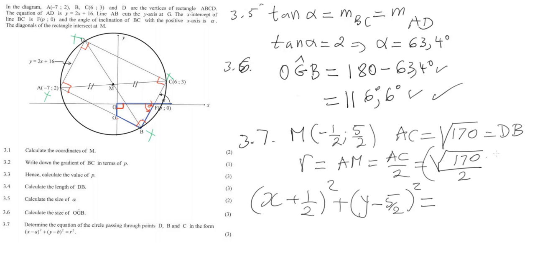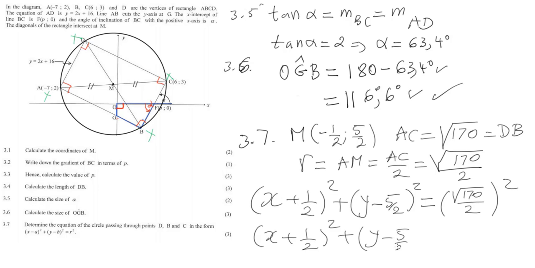It is the square root of this, all squared. Let me write it because some of you get lost: x plus 1 over 2 all squared, plus y minus 5 over 2 all squared, equals 170 over 4. Done. Thank you.